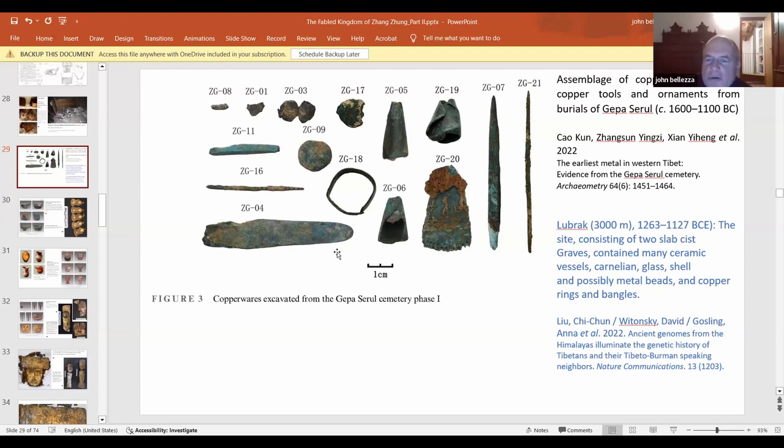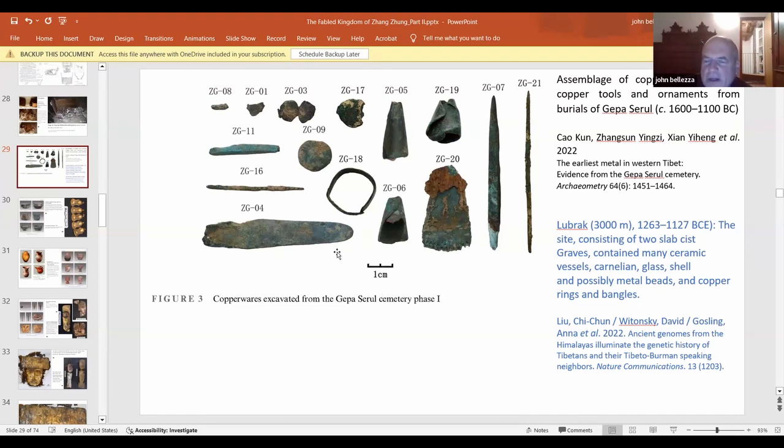Now, also in Ludrak, in Mustang in Nepal, there were 2 slab schist graves. They contained many ceramic objects, carnelian, glass, beads, etc. And copper rings and bangles.